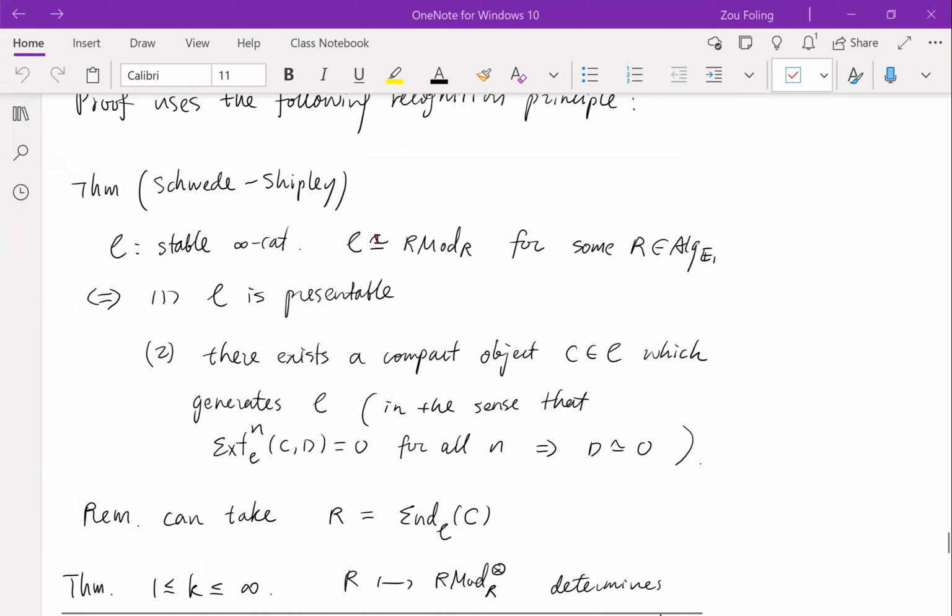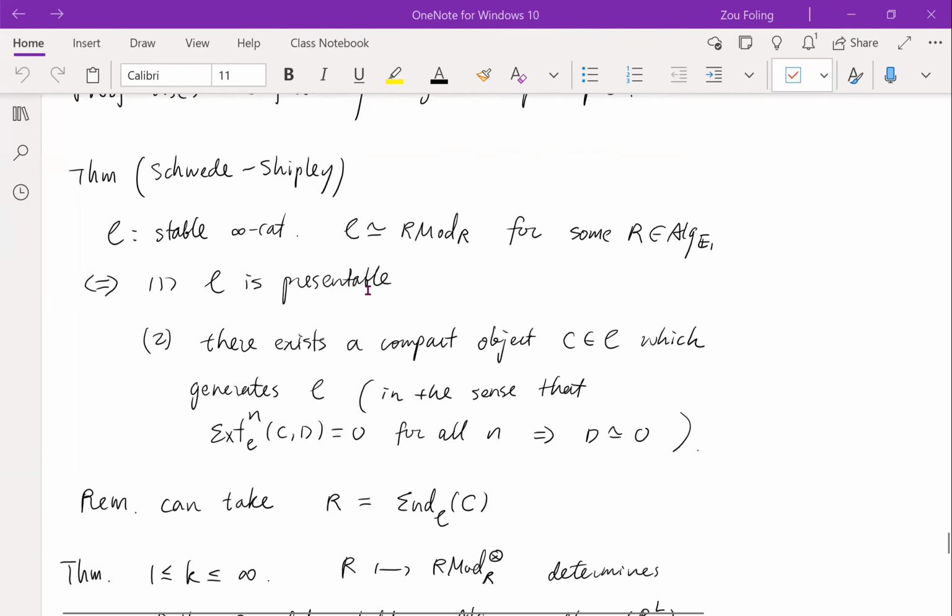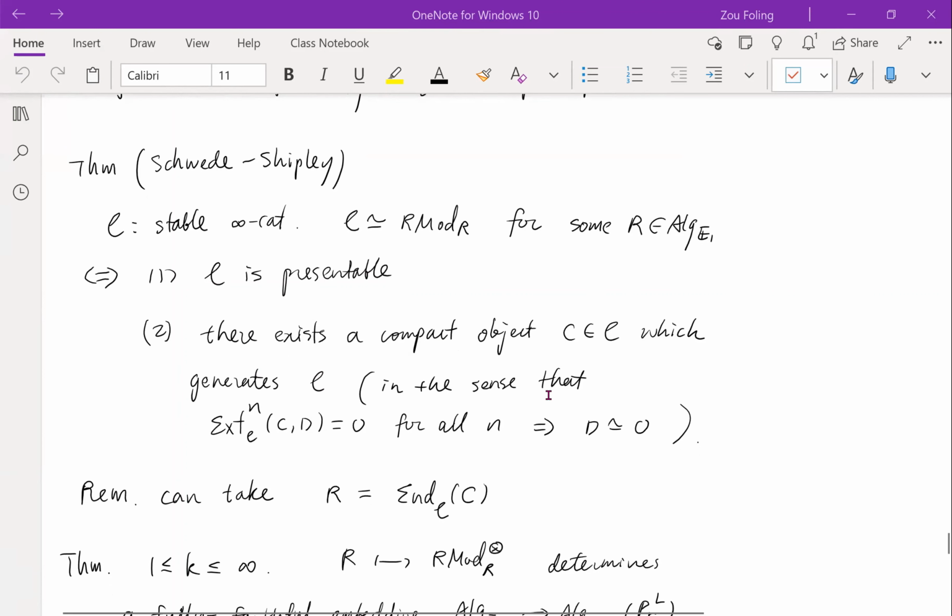And it is the module category for some E1 ring spectrum R if and only if this stable infinity category is presentable and there exists a compact object in it which generates C, in the sense that if Hom(X, D) is 0 for all n, for an object D, then D is the 0 object. So these are all categorical characterizations of your category C.